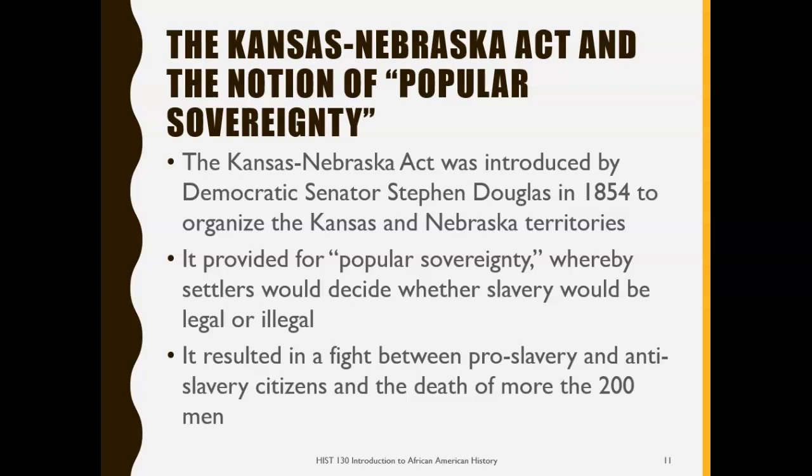So the settlers would decide whether slavery would be legal or not. But the result was that there was a fight between pro-slavery and anti-slavery citizens in Kansas and Nebraska, and that led to the death of more than 200 men.